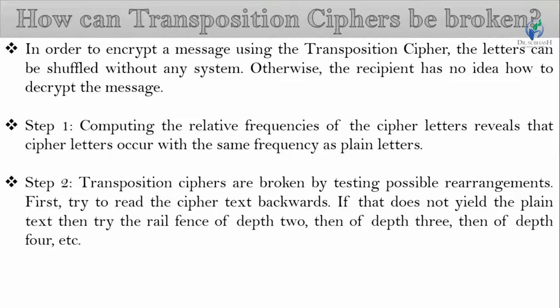If that does not yield the plain text, then try the rail fence of depth 2, then of depth 3, then of depth 4, etc. If that does not yield the plain text, check if two consecutive letters were switched. With today's computer power, possible transformations can be checked quickly.